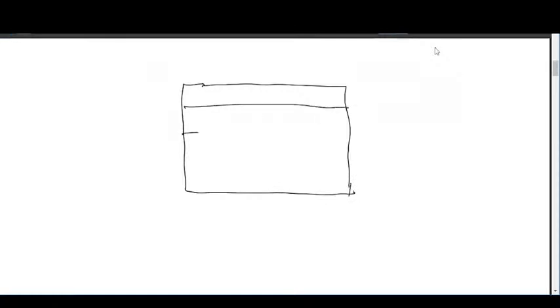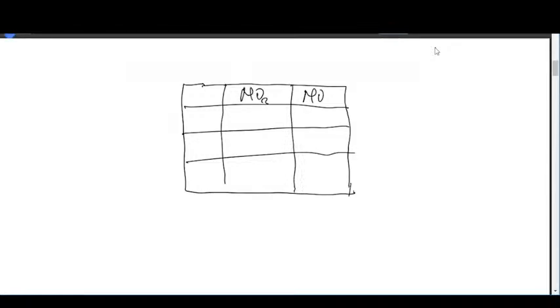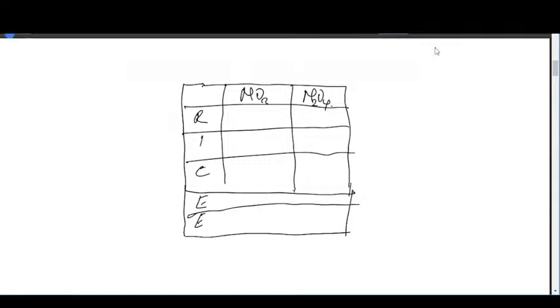So if I put here nitrogen dioxide and dinitrogen tetraoxide, then I put my RICE here.